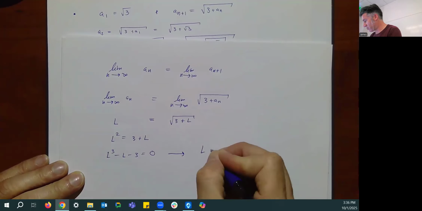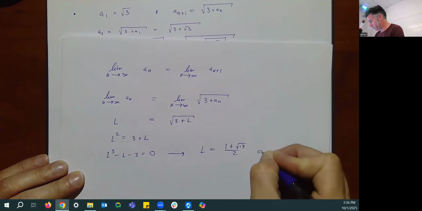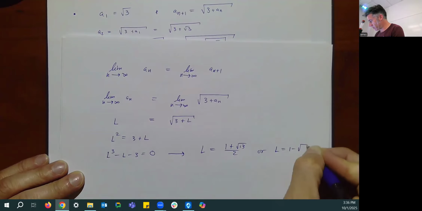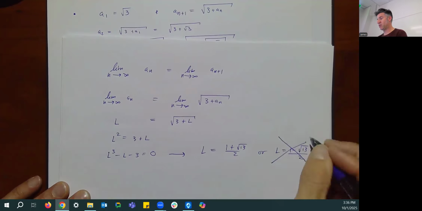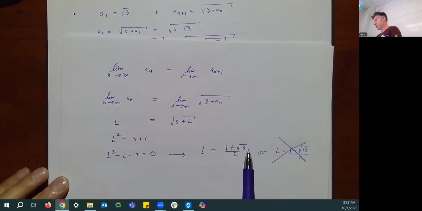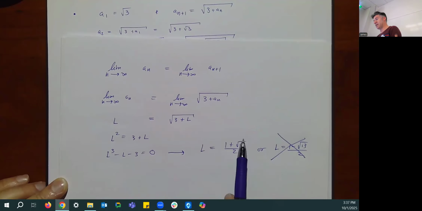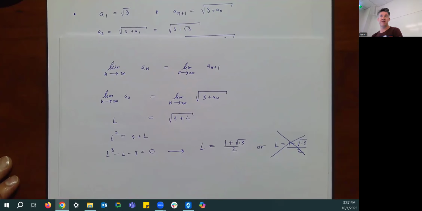So we're going to get L equal to either 1 plus root 13 over 2 or 1 minus root 13 over 2. One of those doesn't make any sense, because we know our values start off positive and get larger, or at least we think they get larger. So this is the upper bound for our sequence.